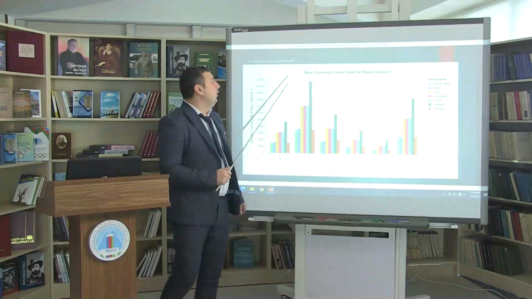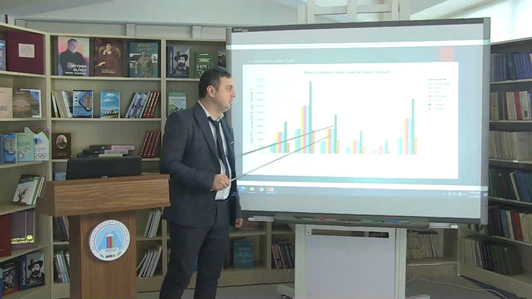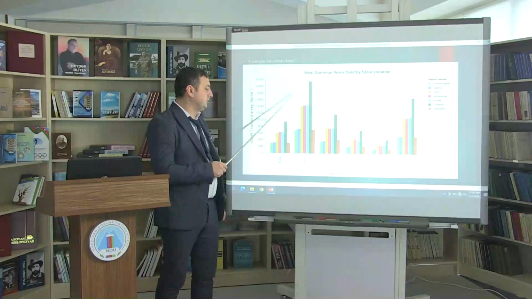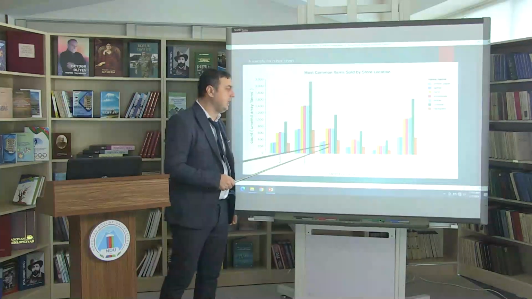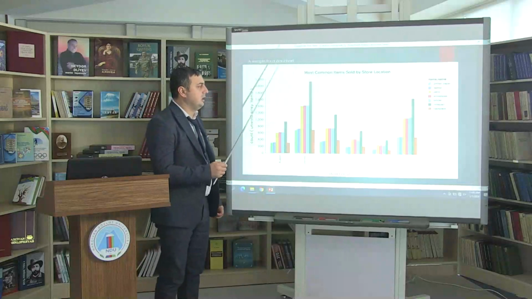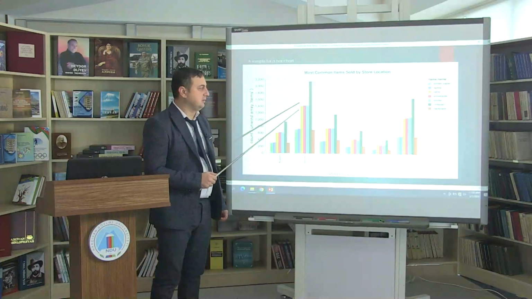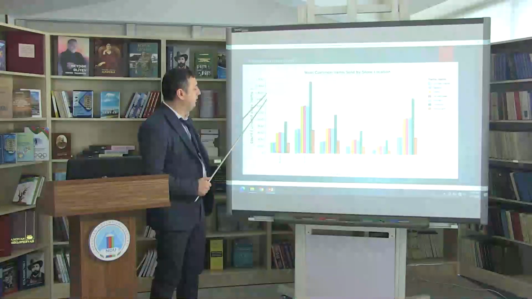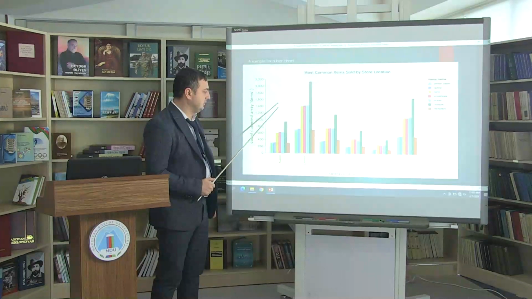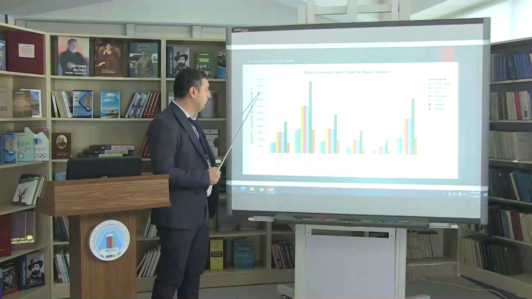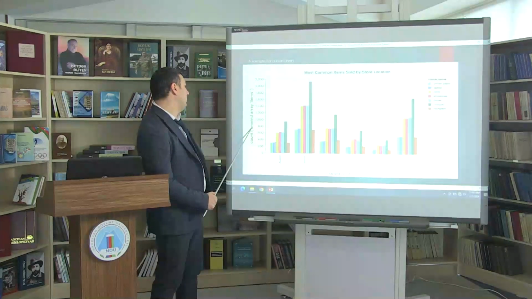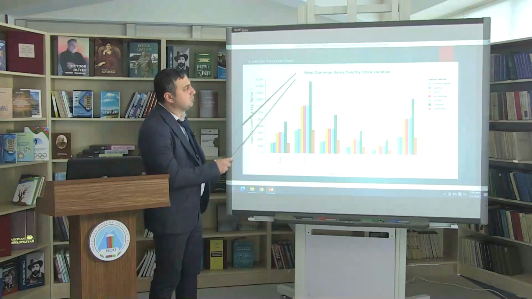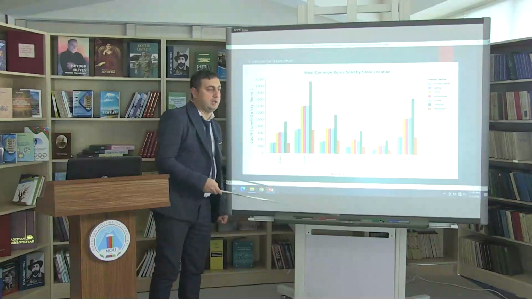Then one of the writing task 1 tasks is a bar chart. We see a bar chart here, and we shall describe, illustrate the bar chart in two aspects, horizontally and vertically. When we describe it horizontally, for example, it shows the most common items sold by store location.